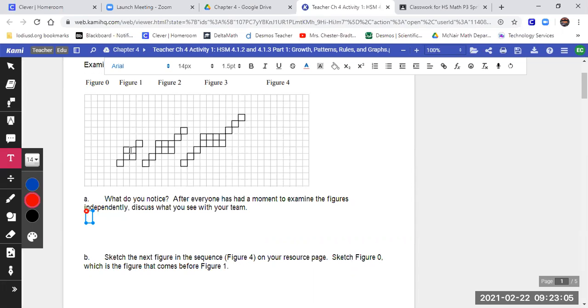So I see on the first figure, 1 on each diagonal, 4 in the middle, right? So what are they doing? Be specific. Where did they add stuff? How many did they add there?